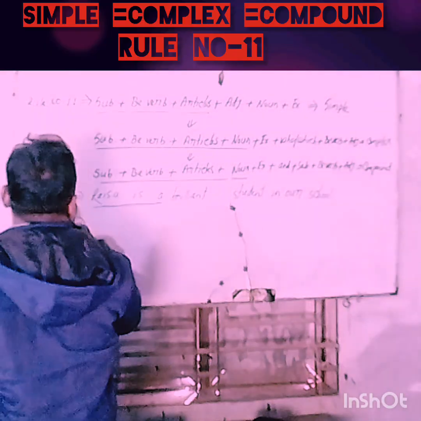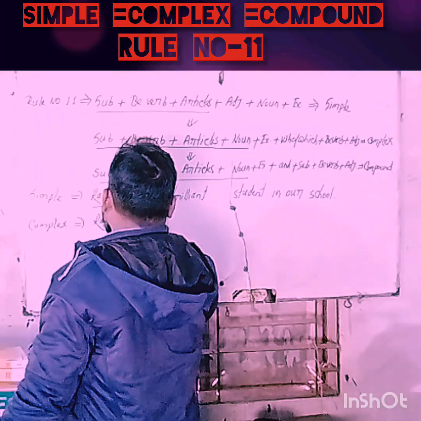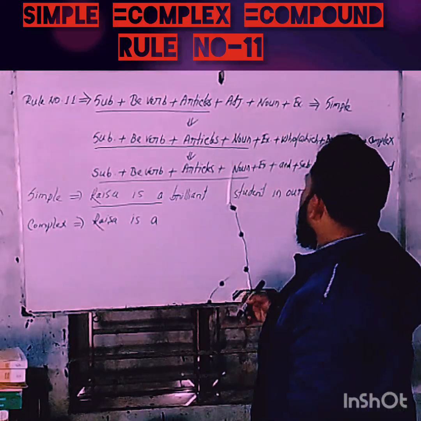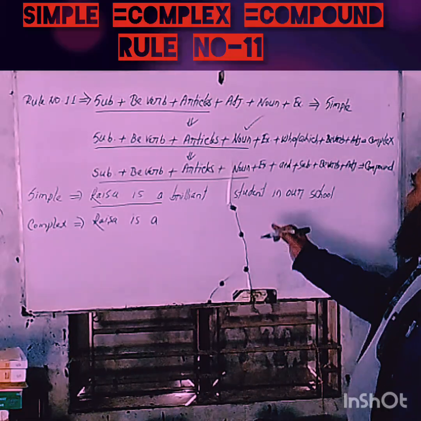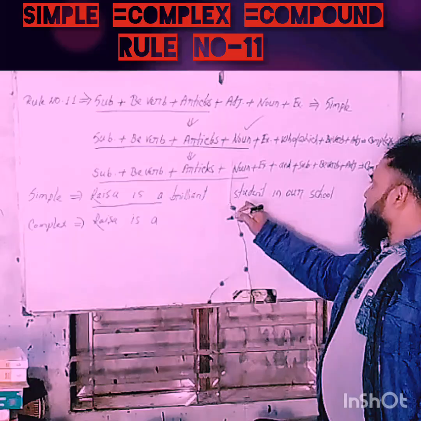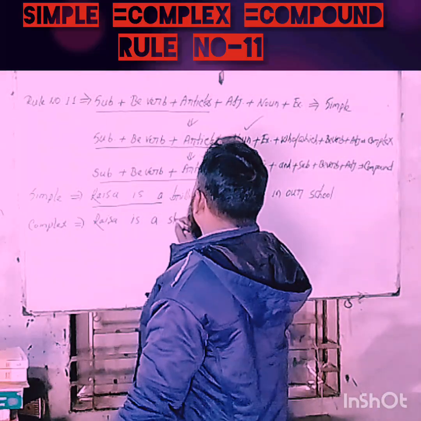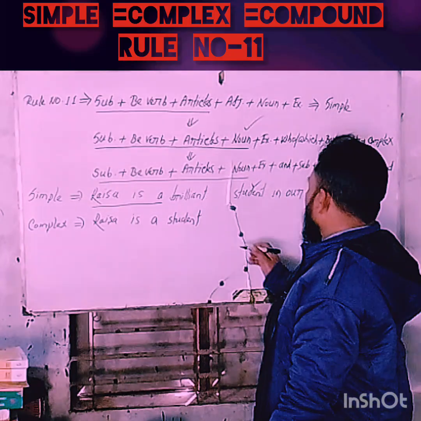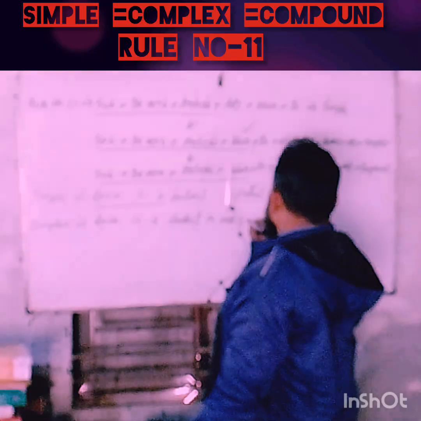At first write the subject, Raisha, then the verb, then the article, then you have to use the noun after the adjective of this statement. Here, after the adjective, the noun is student. So write student, then the extension is in our school.